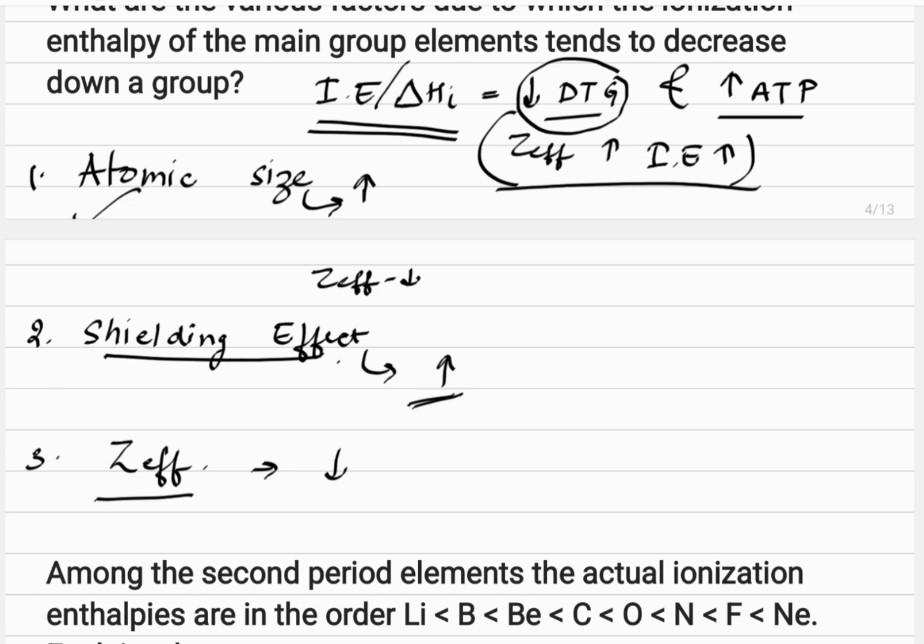So these two factors, shielding effect and atomic size, ultimately contributed to Z effective being very low as we move down the group, and as Z effective decreases, the ionization energy also decreases. Okay, so we proved this.